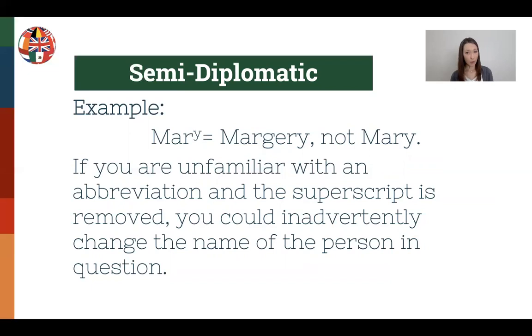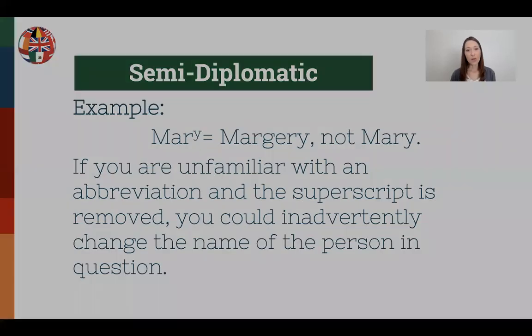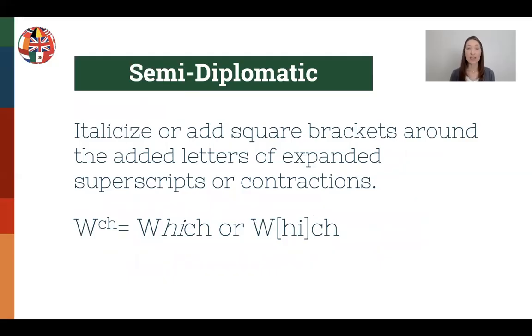And if you don't know that, you might put Mary, and that could change the name of the person. So this is kind of where you have to learn your abbreviations really well and be careful. Another way you can be really careful is if you italicize or put square brackets around the portion of the word that you added. That way it's much more clear that this is what has been done.